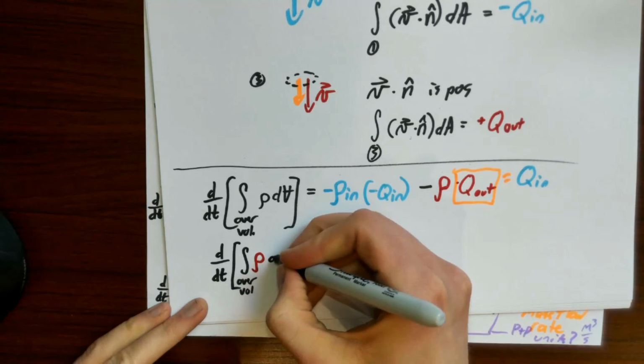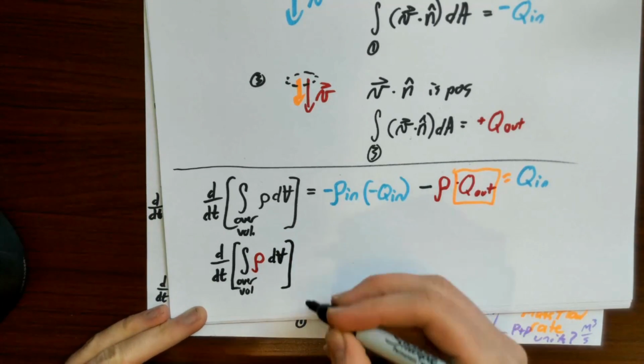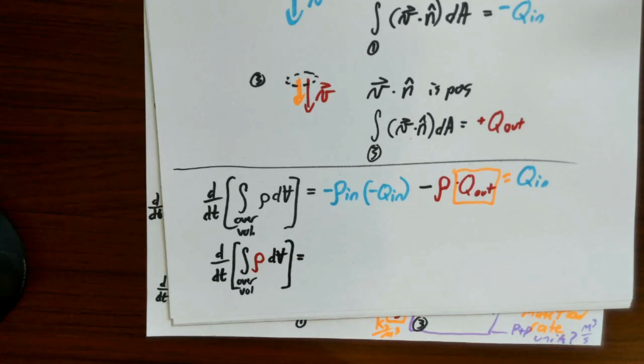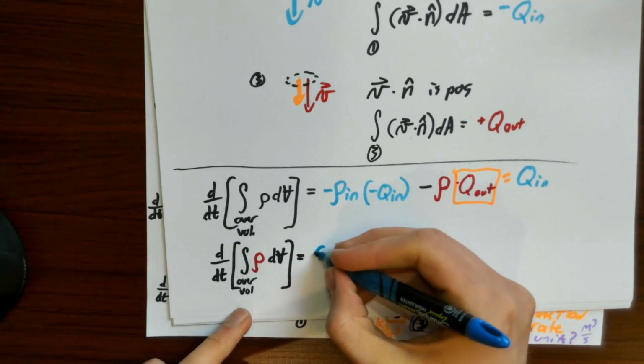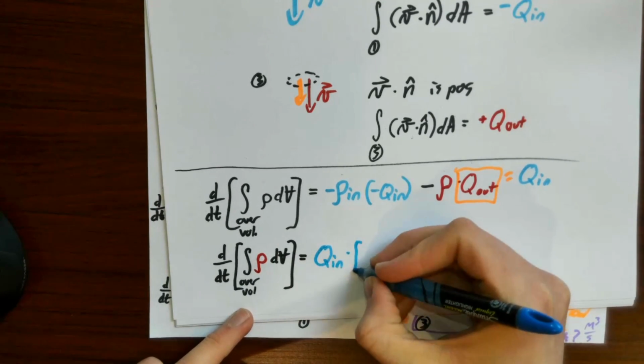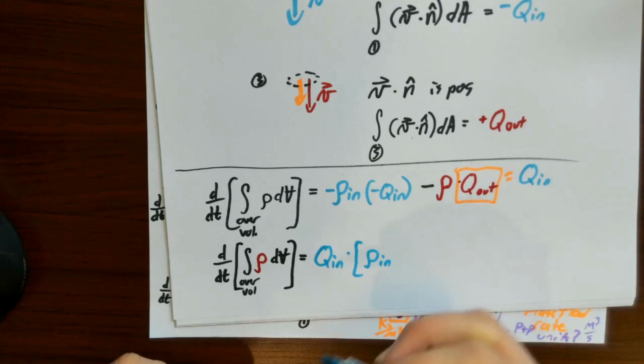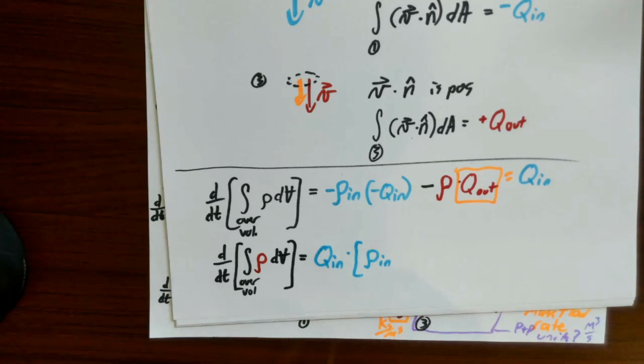So we've put in rho dV here. And now on the right-hand side, that's equal to Q in times rho in minus rho.